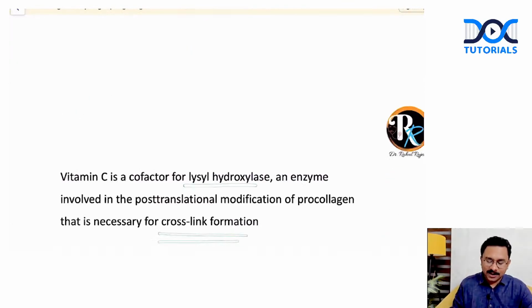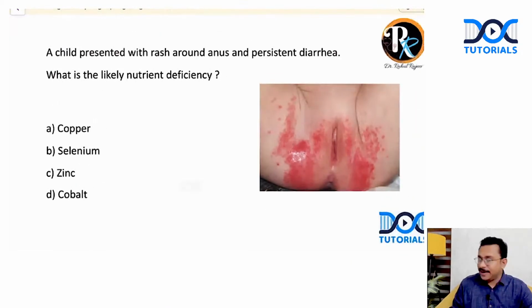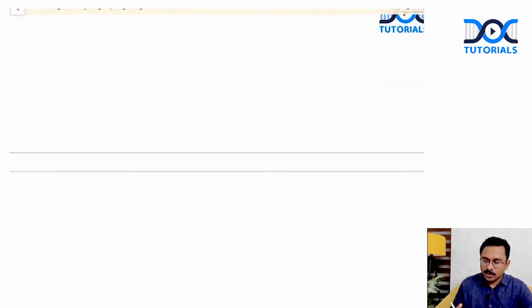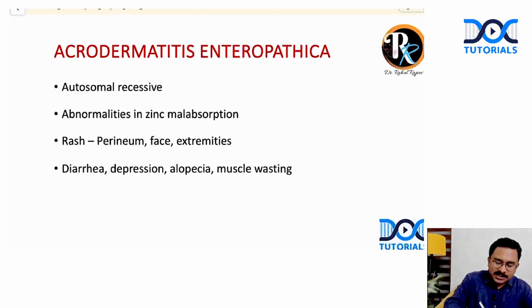Okay, lysyl hydroxylase. Next, a patient presented with rash around the anus and persistent diarrhea. What is the likely nutritional deficiency? So, what do you think? Rash in the perineal region. What condition should you think about? This is a condition known as acrodermatitis enteropathica, which is an autosomal recessive disorder characterized by abnormalities in zinc absorption.